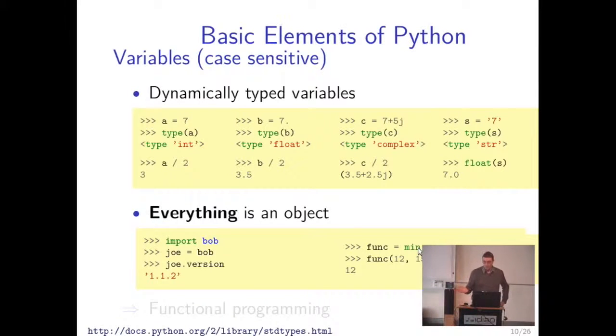This will actually be the min function. What is interesting about that is that it leads to functional programming, which is an integrated part of Python, and which is very hard to do in most other programming languages.